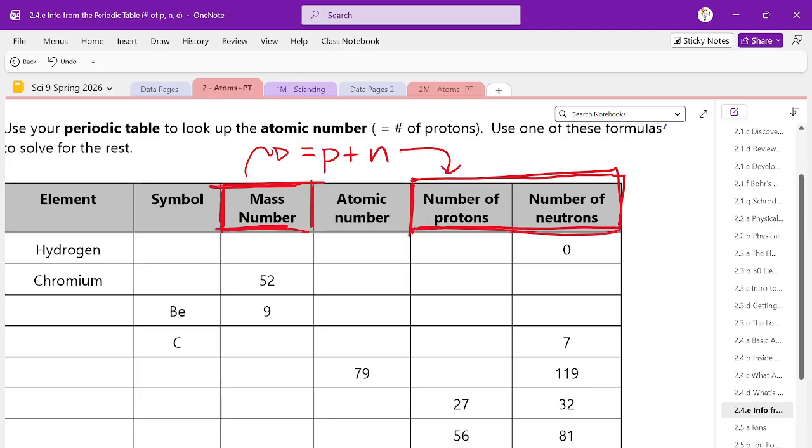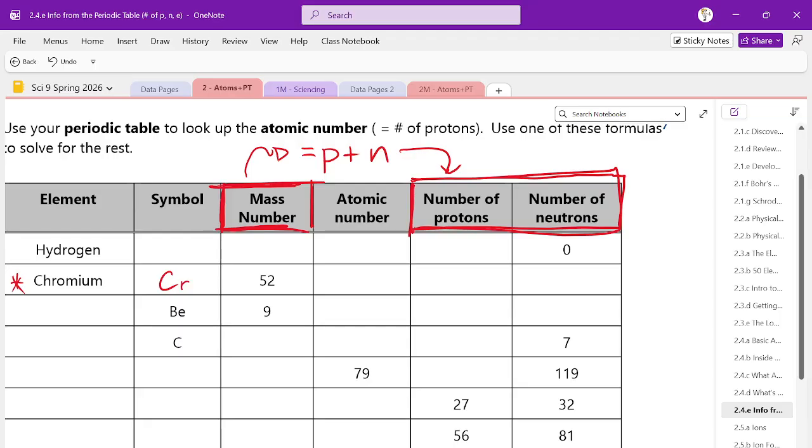So let's do chromium. Let's do this one here. So go find this symbol for chromium. What is the symbol for chromium? Cr. And if you have trouble finding it, remember you can always go onto the back and look up chromium alphabetically on the back of the periodic table.